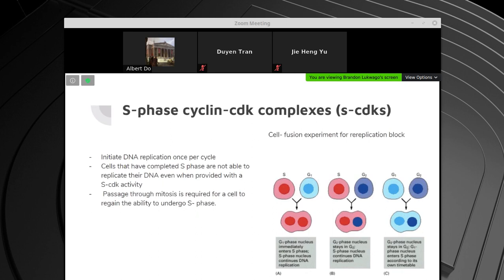For the third one, a G1 cell fused with a G2 cell, and according to the lectures, the G2 stays in G2 and the G1 enters S phase as expected.